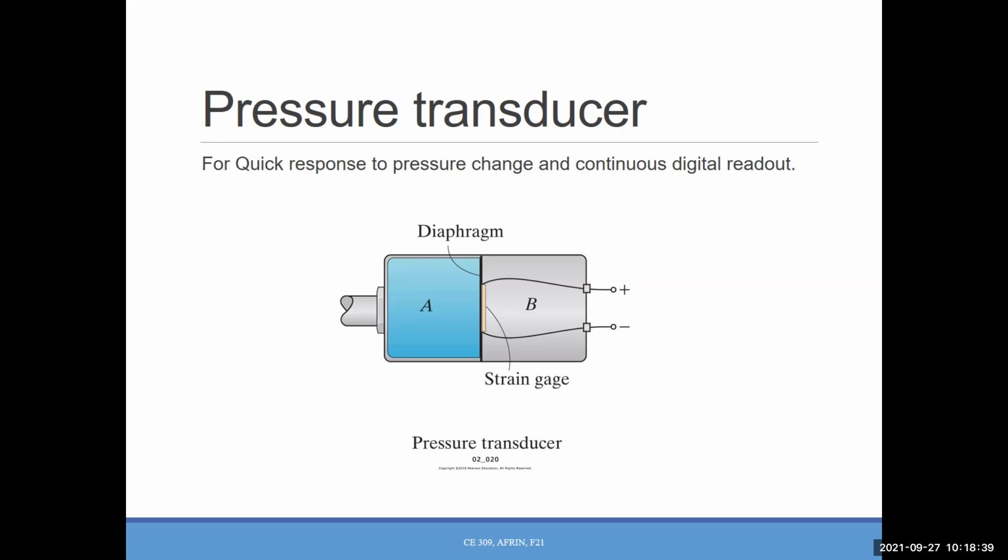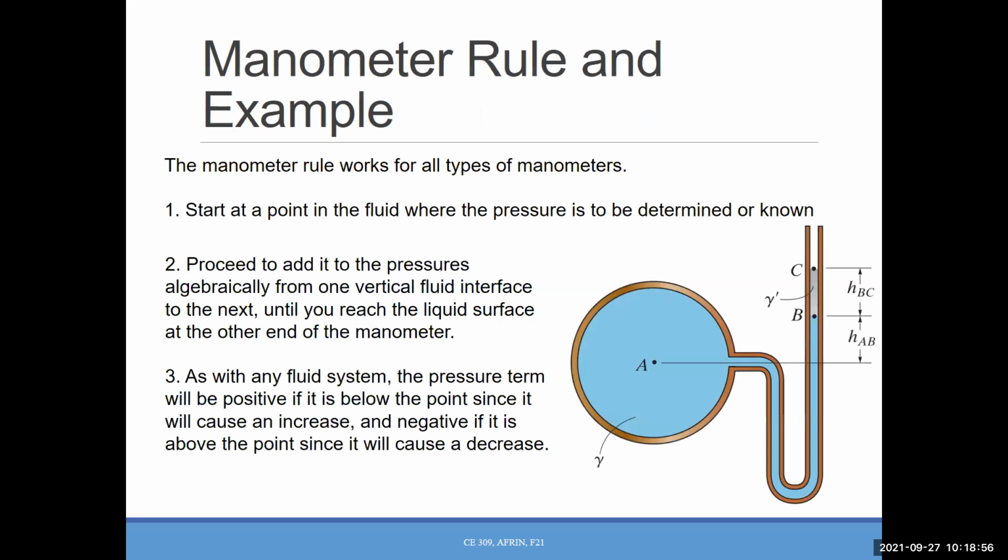Okay, so those are the few equipments we can use. Now we need to know what principle they are using when they measure the pressure. So for the rest of the class and the next 1 or 2 classes, we will simply spend time on the manometer principle. How can we use a manometer for calculating the pressure?